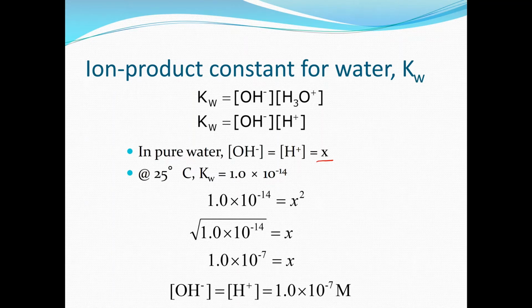What that tells us is if we are at 25 degrees Celsius and we have pure water with nothing else in it, our hydroxide concentration is equal to our hydronium ion concentration, and it's equal to 1.0 times 10 to the negative 7th molar. It's a pretty small number, but it's still a very important number because of that equilibrium that's set up in the water.